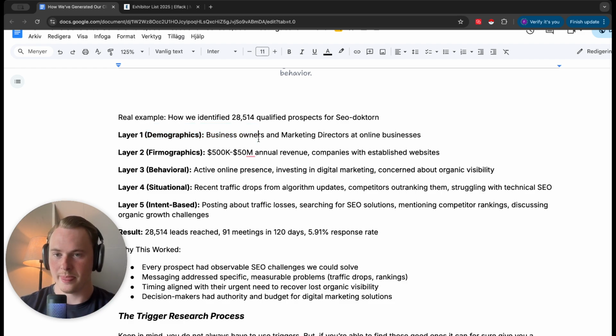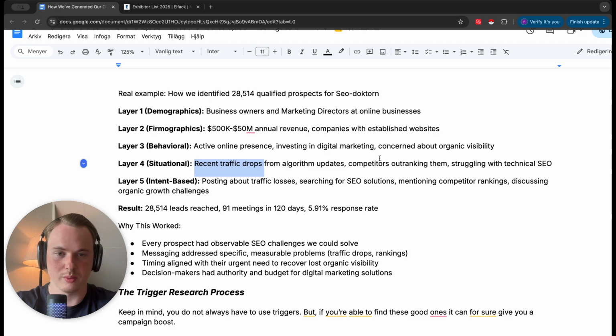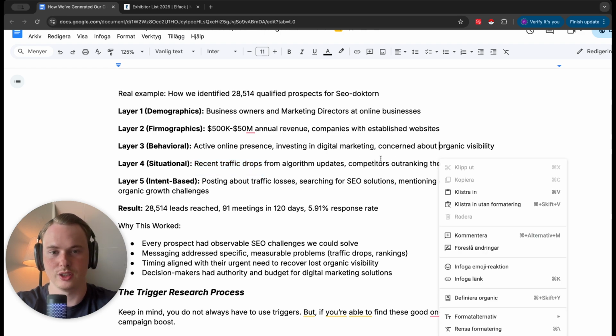Layer two, firmographics: 500k to 50 million in ARR, companies with established websites essentially. Layer three, behavioral. This is like active online presence, investing in digital marketing, concerned about organic visibility. Layer four, situational: recent traffic drops from algorithm updates, competitors outranking them, struggling with tech SEO.